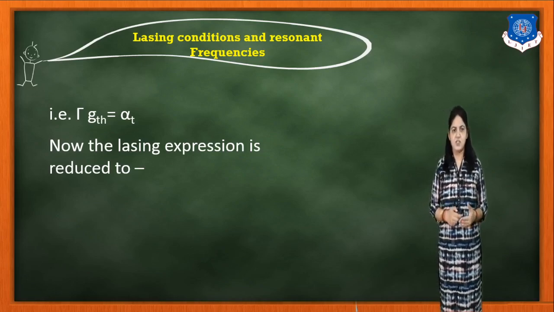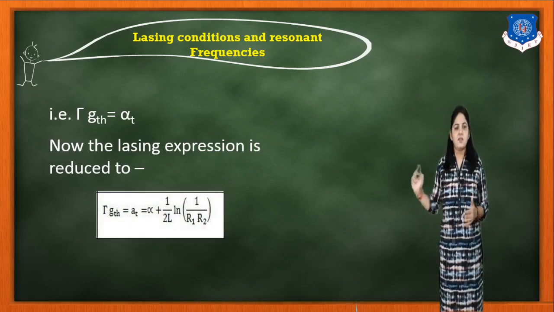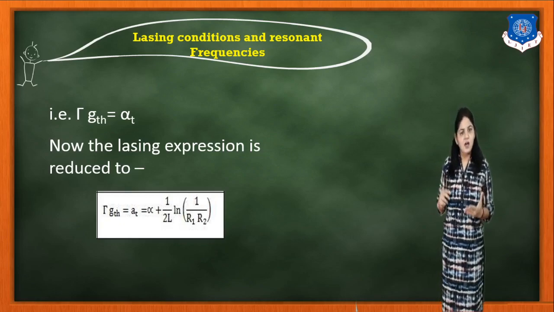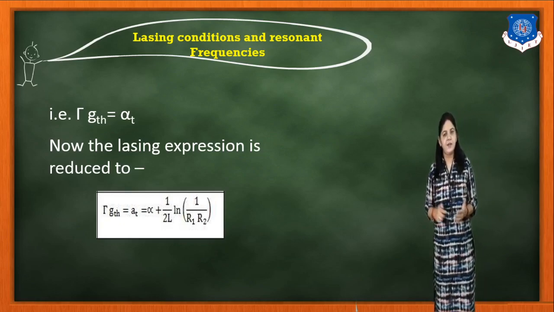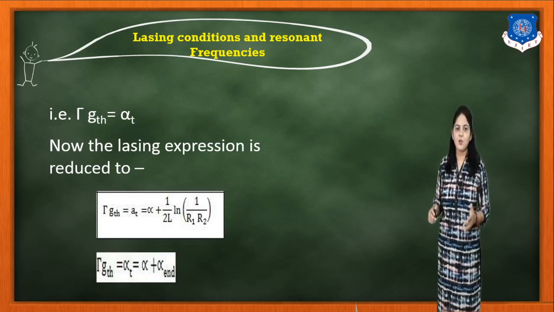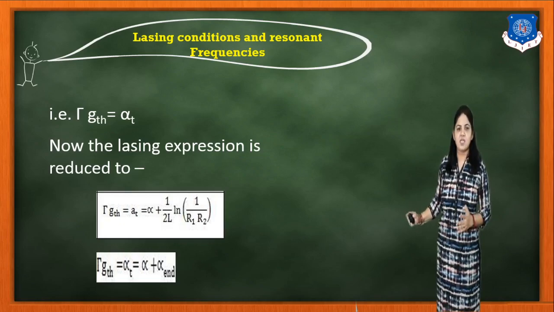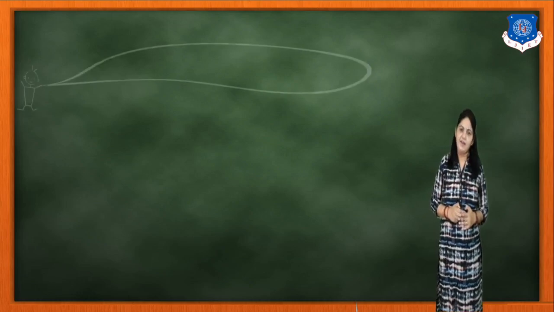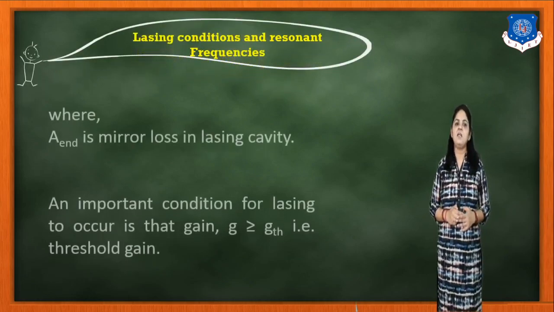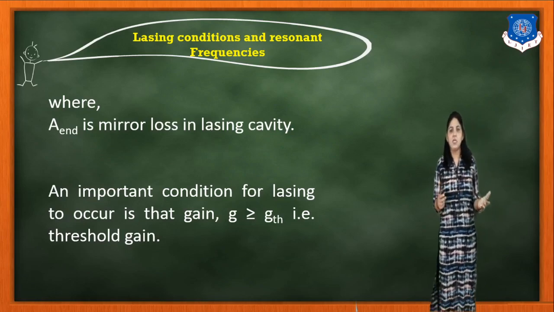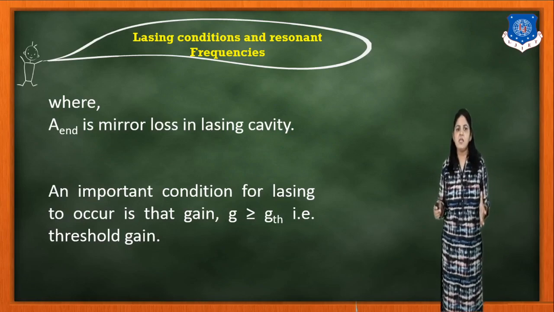Now the lasing expression can be reduced to this: ΓGth = αt = α + (1/2L) ln(1/(R1R2)). Similarly, ΓGth = αt = α + αm. So these are the lasing conditions, where αm is the mirror loss in the lasing cavity.